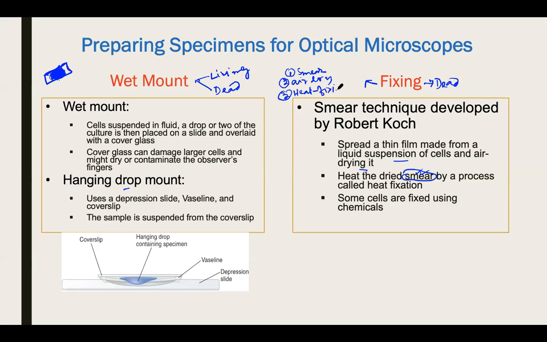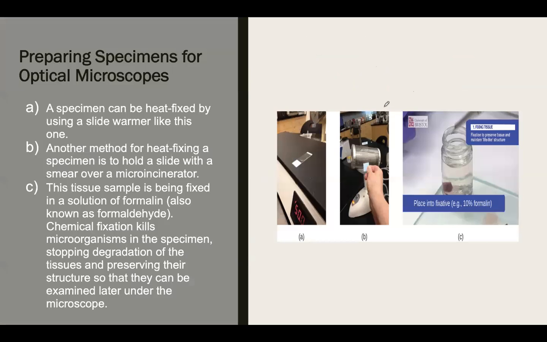Okay, means we actually add a little bit of heat, and as a result, we make it secure that all the specimens are tightly attached on the slide, and this whole process is called fixing. Now, in this picture, how we do heat fix, that's what this slide is talking about.